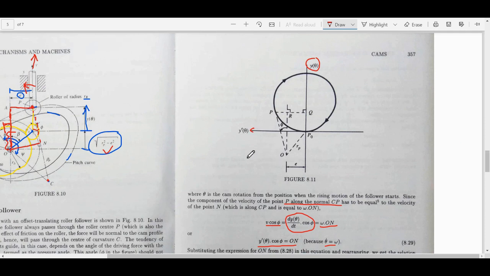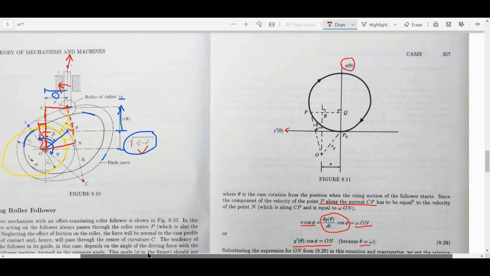So y versus y prime is a closed curve. Now remember that in the displacement curve, there was a dwell and then a rise and then a dwell and then a return and so on. So there was a place where y was 0 and y prime was 0. There was a place where y was maximum and y prime was 0.